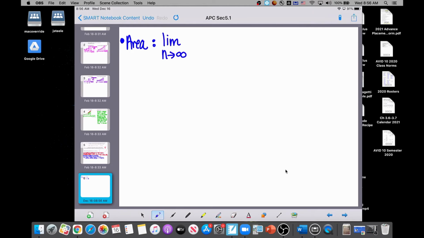So the limit as n goes to infinity of our R of n that we just came up with in the last step is going to be equal to the limit as n approaches infinity. Now, when I look at each of my terms, notice that every single term, the areas of each rectangle, is multiplied by 2 over n, because the base of each of the rectangles is the same. So I'm going to factor that 2 over n out.